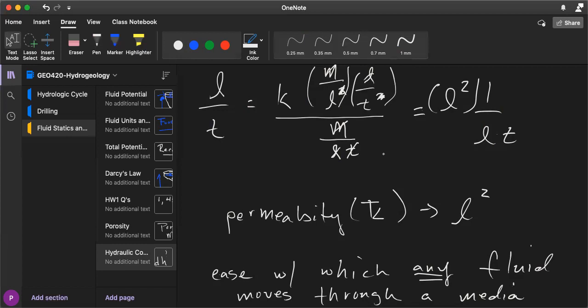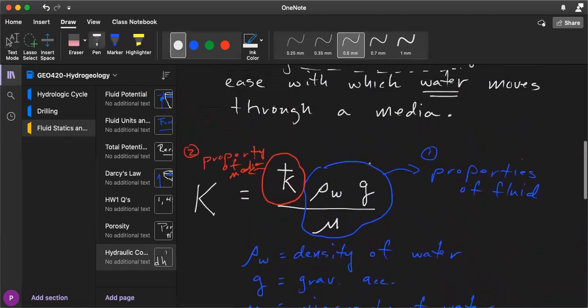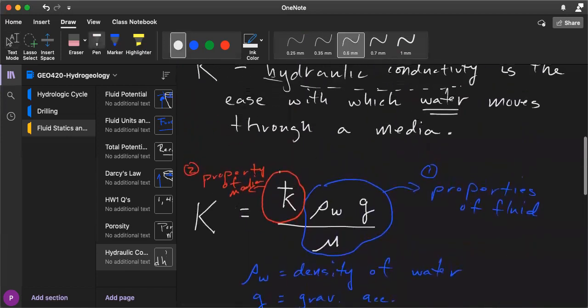Okay, so hydraulic conductivity, the ease with which water can move through a rock, is a function of the porous media, all right? The intrinsic permeability, the ease with which any fluid could, and the properties of the fluid, here water.